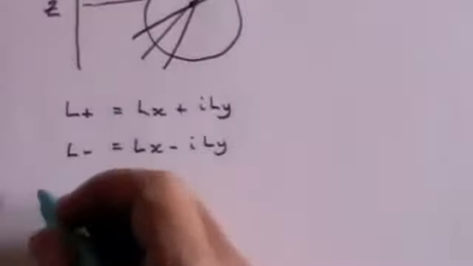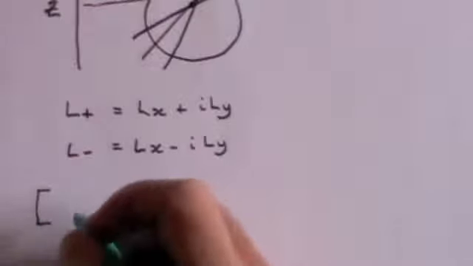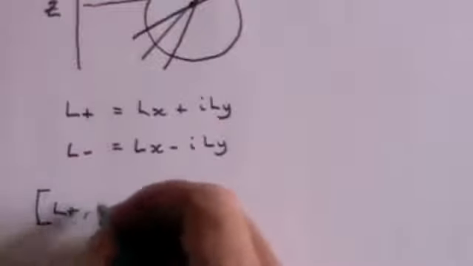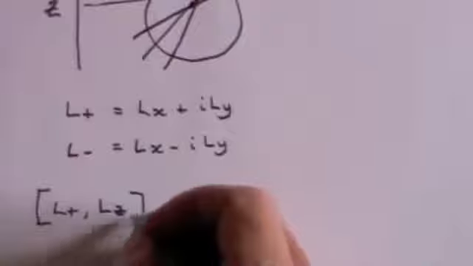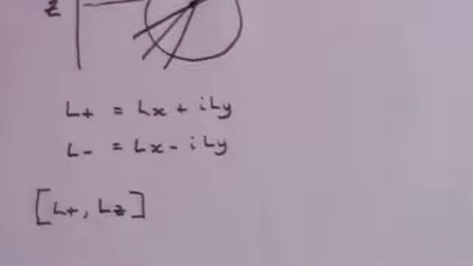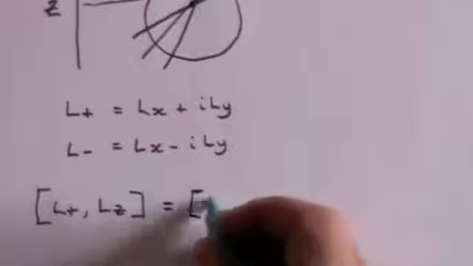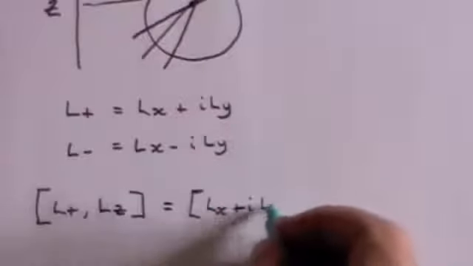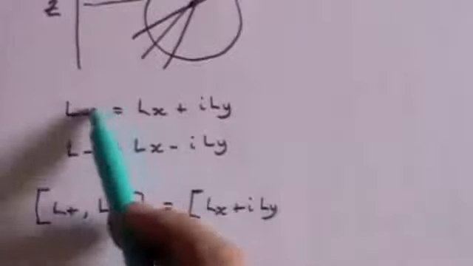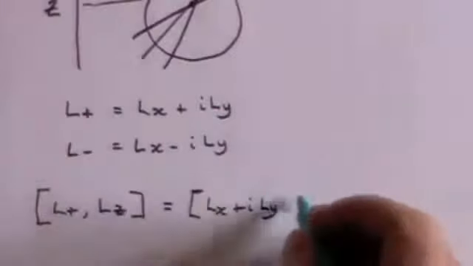And the first thing I want to check is what is the commutator of L plus and Lz. This will tell me if I can measure L plus, whatever it is, and Lz at the same time. Well, that is just the commutator of Lx plus i Ly, because that's what L plus is, with Lz.